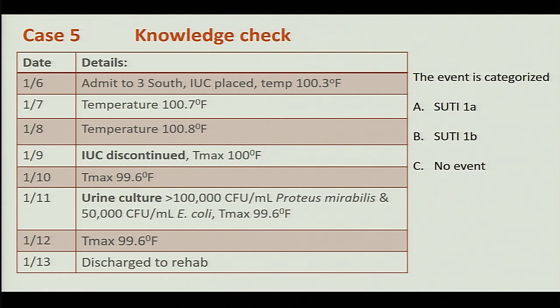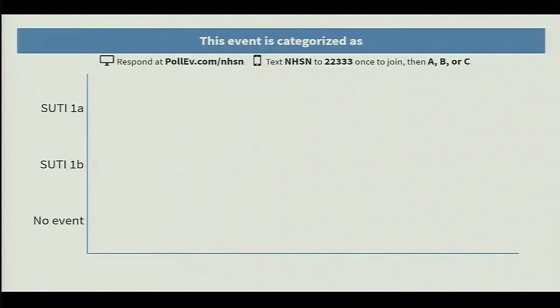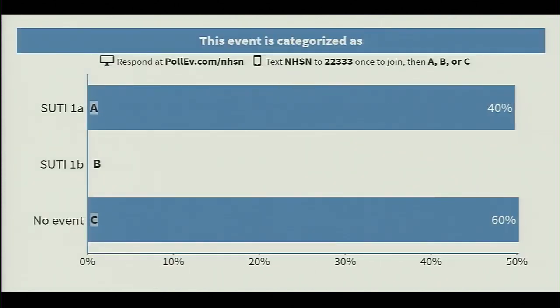On the 11th, we have a urine culture that's greater than 100,000 for Proteus mirabilis, and E. coli that's about 50,000 CFUs. We have max temp on the 12th at 99.6, and then they are discharged to rehab. How do we categorize this? A SUTI 1A, a SUTI 1B, or no event? So, what do you think?